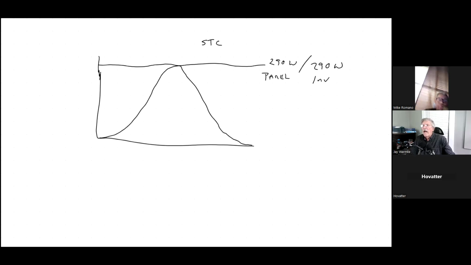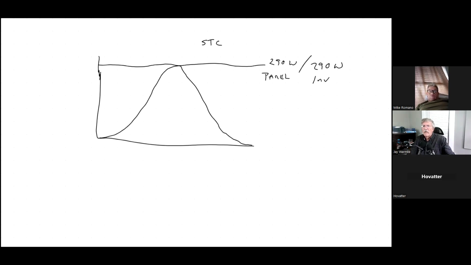All right, what happens if I put a bigger solar panel on the same inverter? So let's say this is a microinverter. This is an IQ8 Plus. It will operate at 290 watts. That's all it'll capture. So now I've decided I'm going to put a 400 watt panel here.